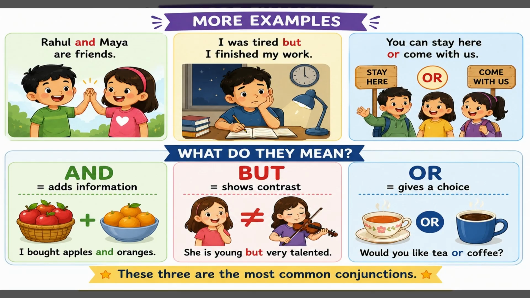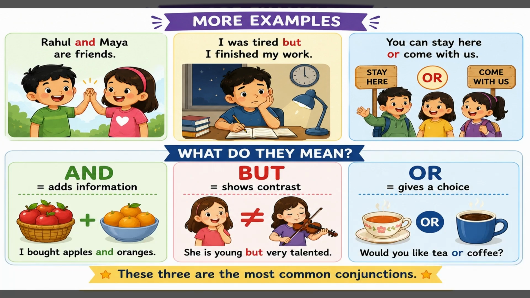The word and adds information. We use and when we want to add one thing to another. For example, I bought apples and oranges. We are talking about two things, and and joins them together.